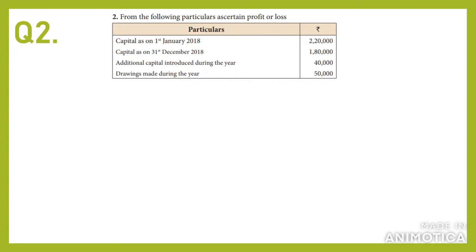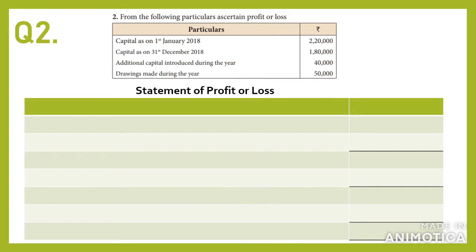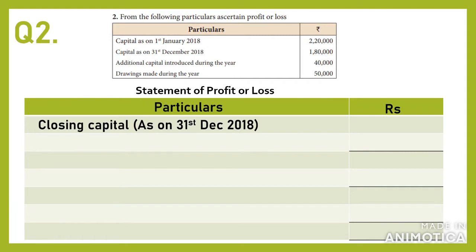Okay, fine. Now let us proceed. As I have mentioned earlier, we have a standard format for preparing the statement of profit or loss. We start with the closing capital, and in this case, the closing capital is going to be as on 31st December 2018. The amount is given in the problem.